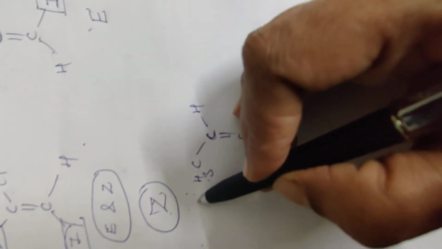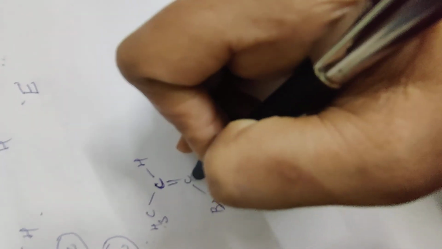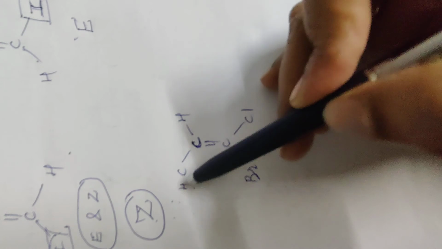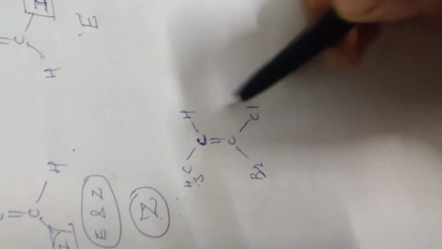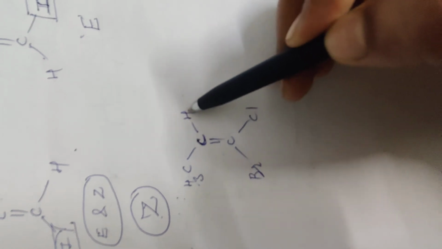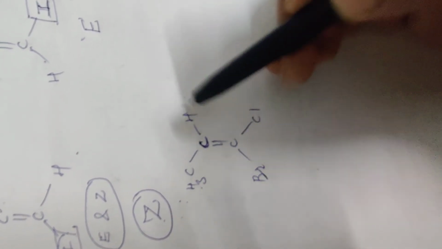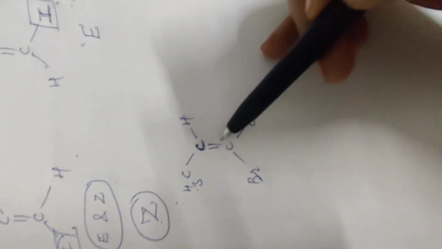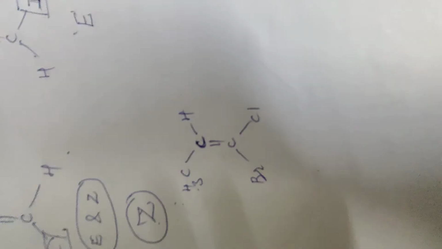We give priority along the carbon-carbon double bond. So here one carbon has two atoms, another doubly bonded carbon has two atoms. So we give priority 1, 2 to the atoms attached to one carbon, and we give priority 1, 2 to the atoms attached to the other doubly bonded carbon atom.